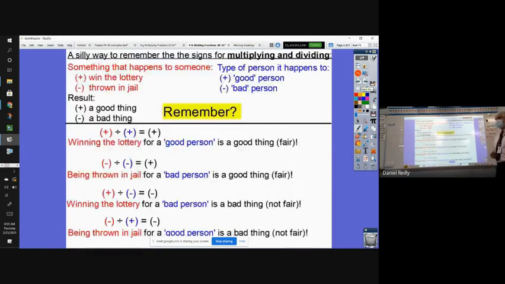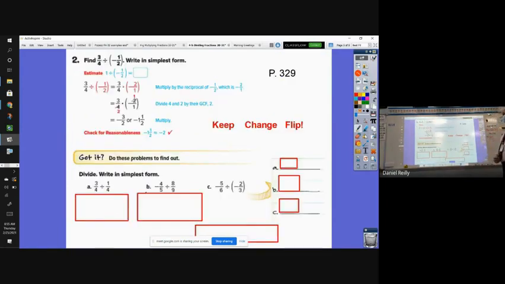Keep, change, flip. Positive and negative divisions, same as positive and negative multiplications. If the signs are the same, the answer is positive. The signs are different, the answer is negative. Three-fourths divided by negative 1/2. Keep, change, flip. 3/4 times negative 2/1. Keep, change to multiplication, flip the second fraction. Can I cross reduce?